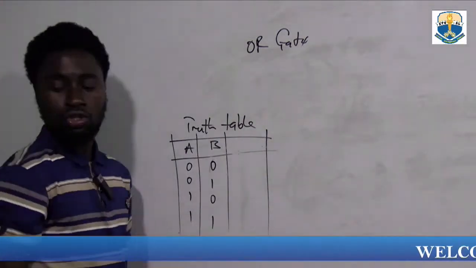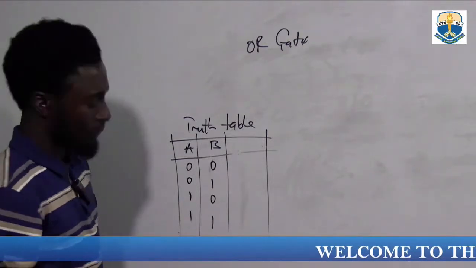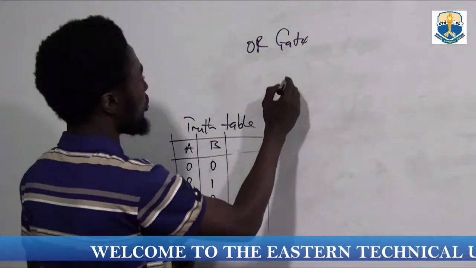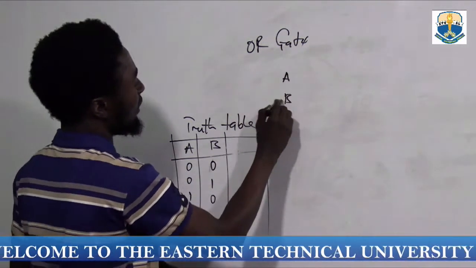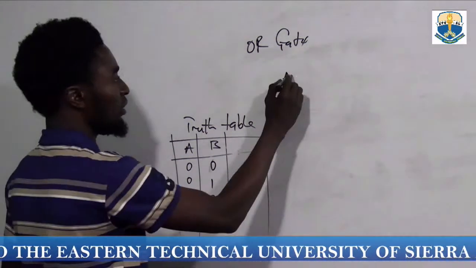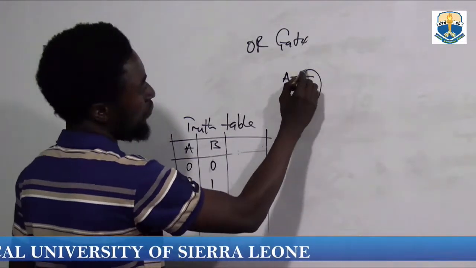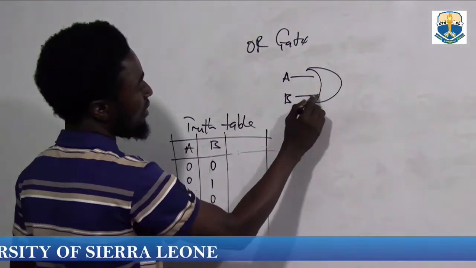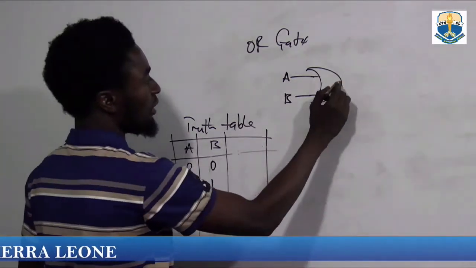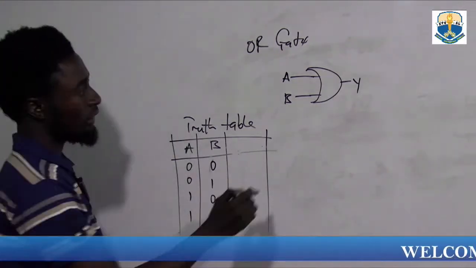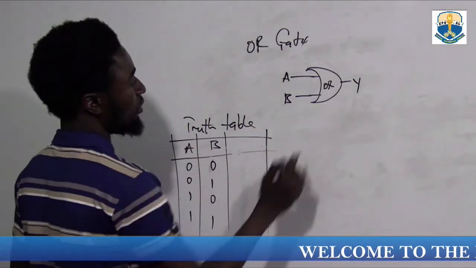So in drawing our OR gate, assuming we have input A and input B, of course the diagram is different. Here is a curve, and then we have this, and you have the output Y, and we say our OR gate.